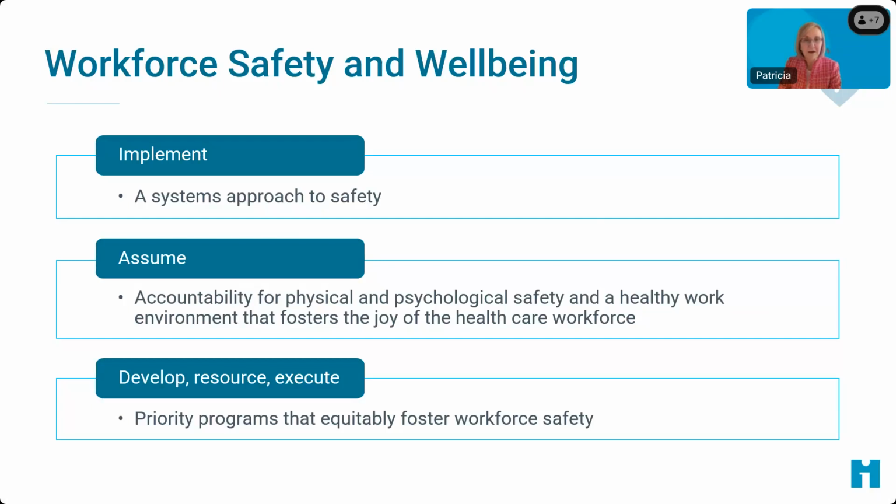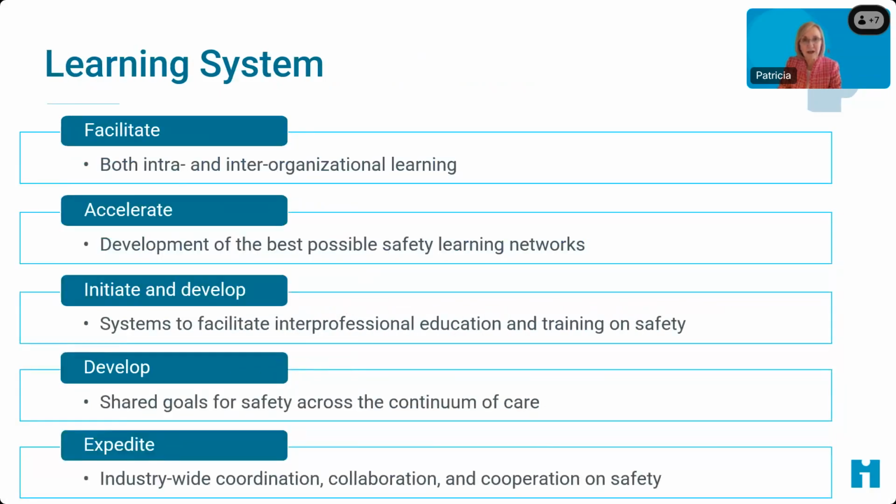And for the fourth and final area of the National Action Plan, the aim of learning systems is for healthcare organizations and other parties across the care continuum and the healthcare industry to implement reliable learning systems that actively engage with local, regional, state, or national learning systems, and to develop further networks that are necessary for advancing safety.